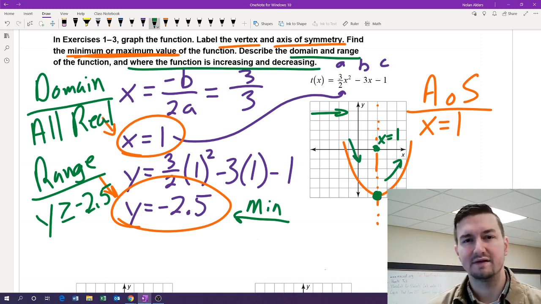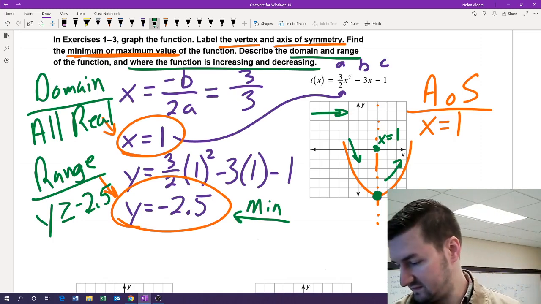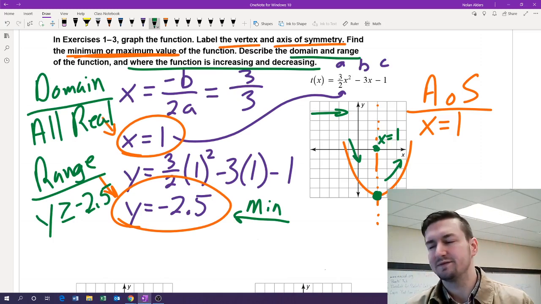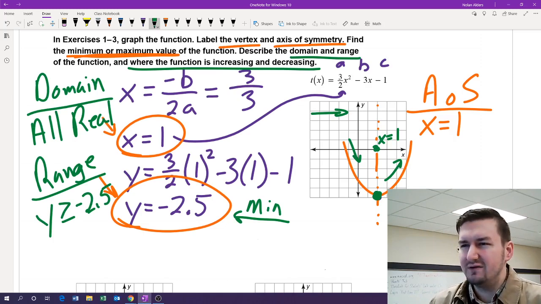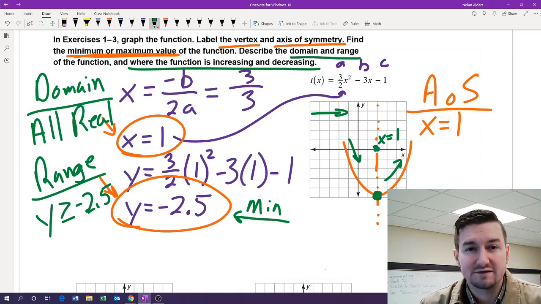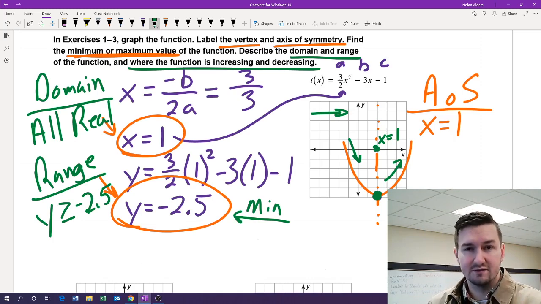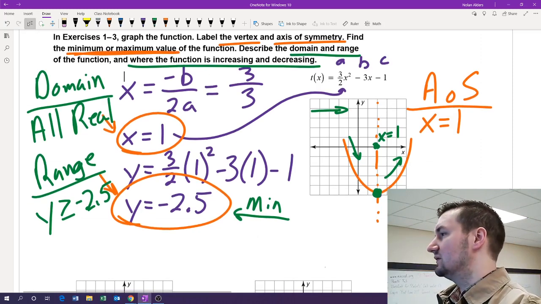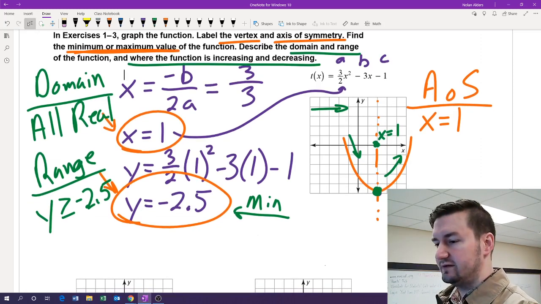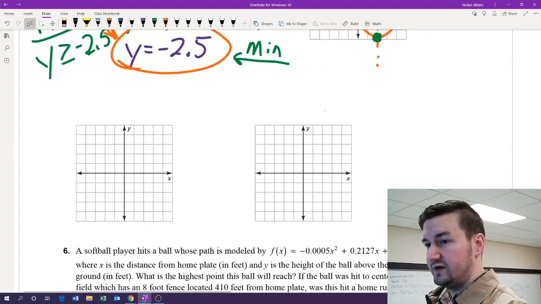You maybe want to plug this into a graphing calculator or into Desmos to check your answers, just to make sure your graph is in the right place. Desmos will actually figure out the vertex for you. It gives you a little point, you can just hover over it. But once you get the vertex, it really is pretty easy from there.